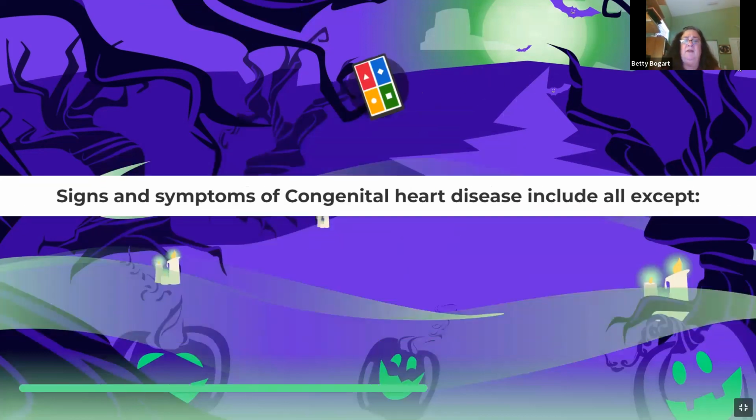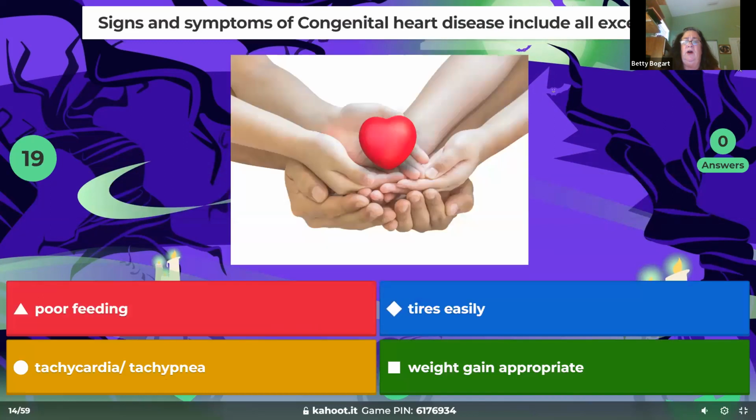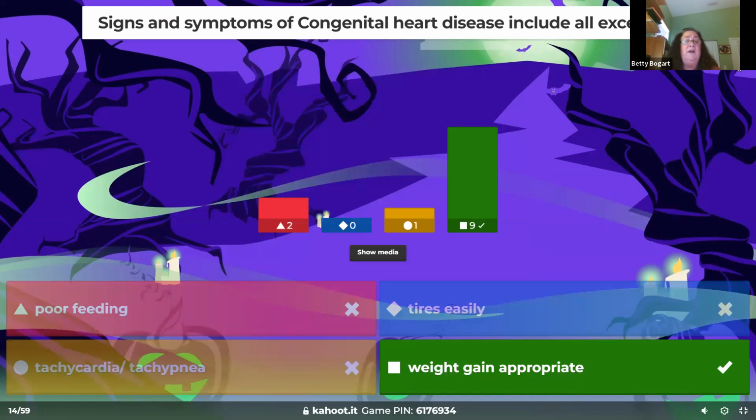Signs and symptoms of congenital heart disease include all except... Remember, congenital heart disease means the heart was not formed correctly. It's not pumping the way it should for whatever reason. They're not going to be gaining weight right. Why?